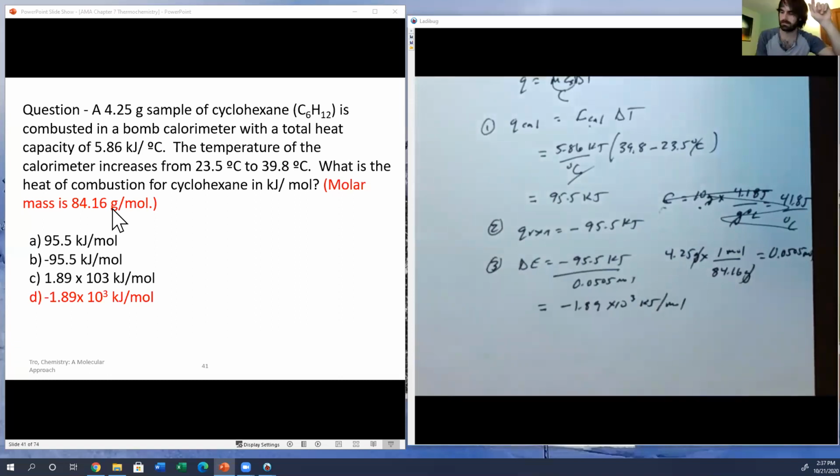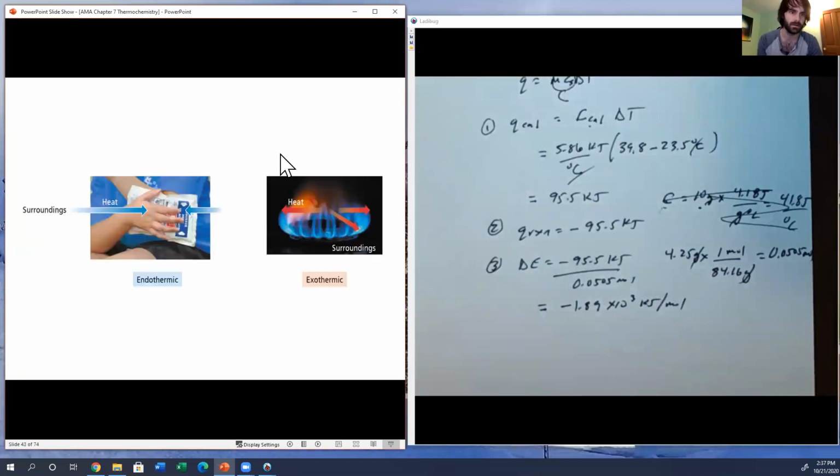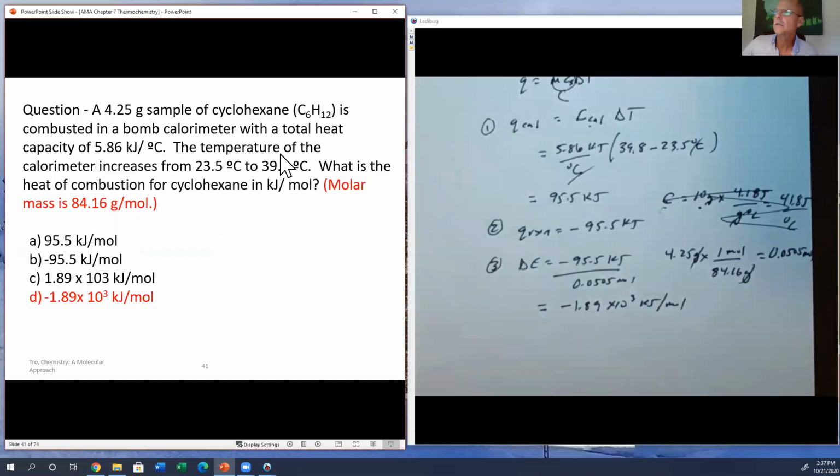I have a question. Yeah, Michael. I do understand the process of steps. Just initially, I felt like it was hard to identify what was the C calorimeter. How do you know right away? I kind of just looked for a cue from the previous example. Yeah, notice it says right here, in a bomb calorimeter with a total heat capacity of 5.86.